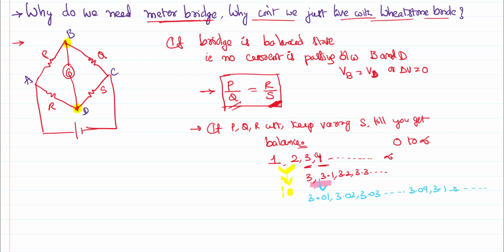You keep on testing like this till your lifetime. You will never know when you get the balance. It may be somewhere in between, so again you have to try 3.010, test it, 3.012, test it, have you got a balance or not, keep on testing.